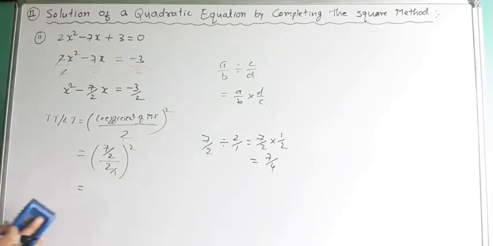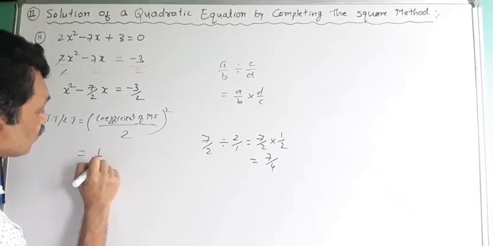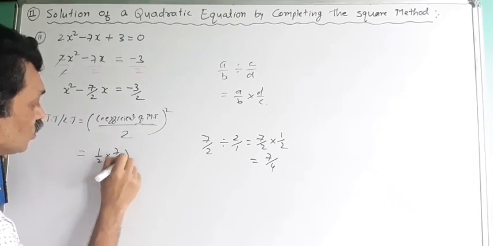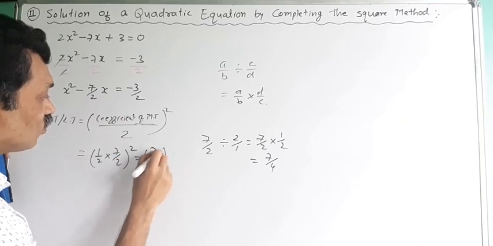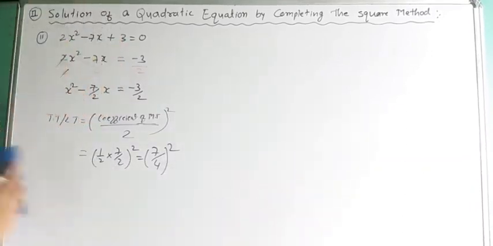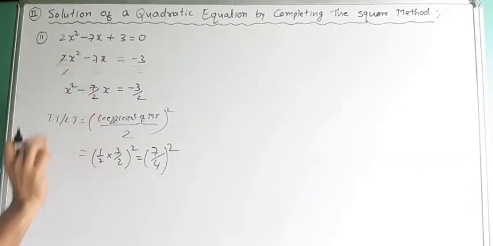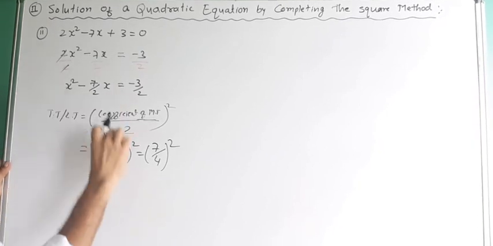So this is actually 7/4. Either we can write it this way, or another way: half into 7/2, the whole square, which gives us (7/4)². So hereafter, whenever we have a coefficient with a denominator, we can take half into the coefficient of the middle term.